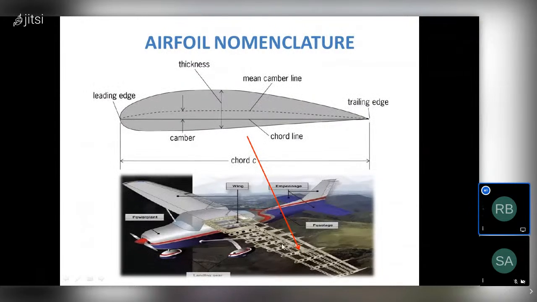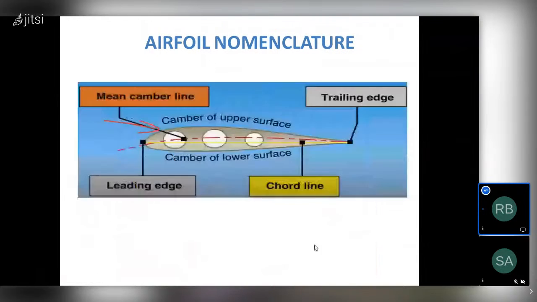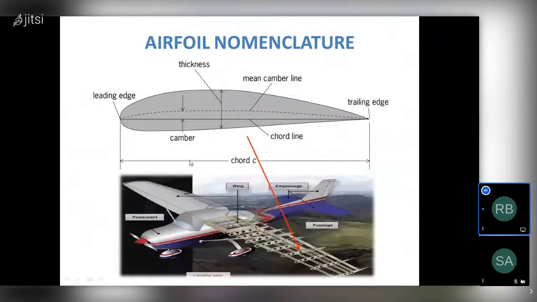If we remove these cutouts, we can reduce our overall aircraft weight. The part which is not required is cut out; we only need the shape. That's why we place aerofoil shapes side by side, and we design the complete model.